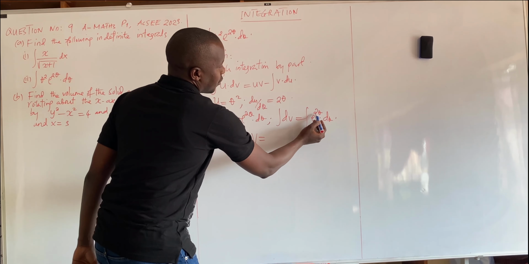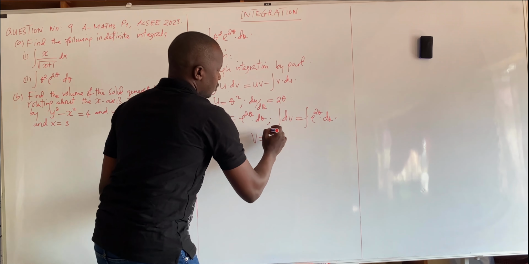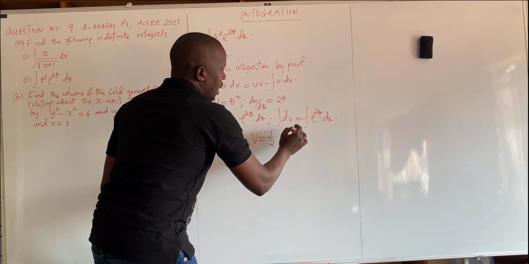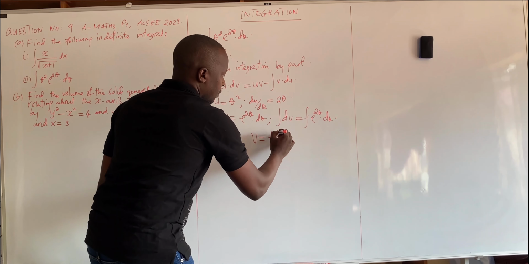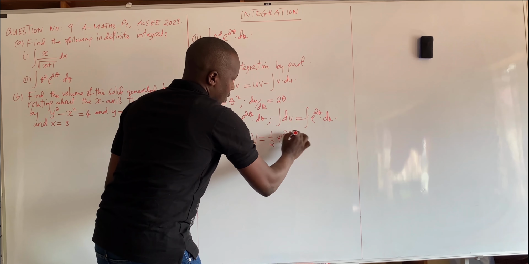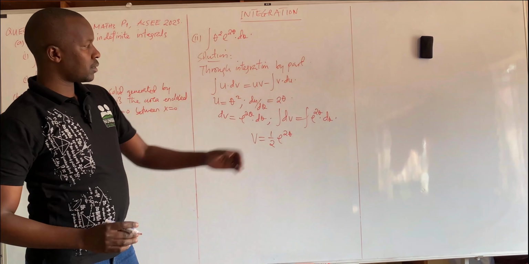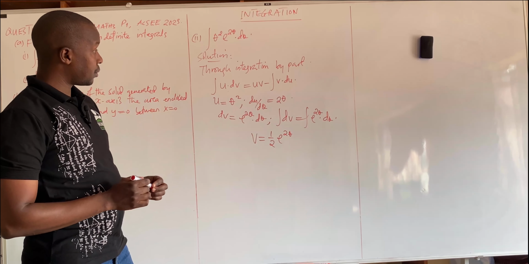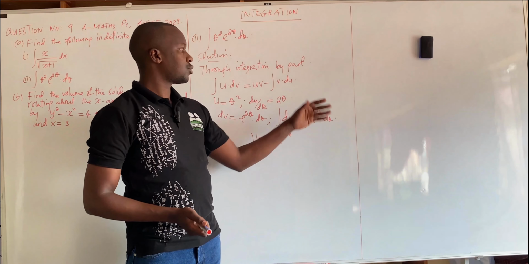It means the derivative of power here for 2 theta is 2, so we take 1 over 2. Then now we times the original exponential function, e raised to 2 theta. So that would be the value of v with the simple trick instead of substitution.